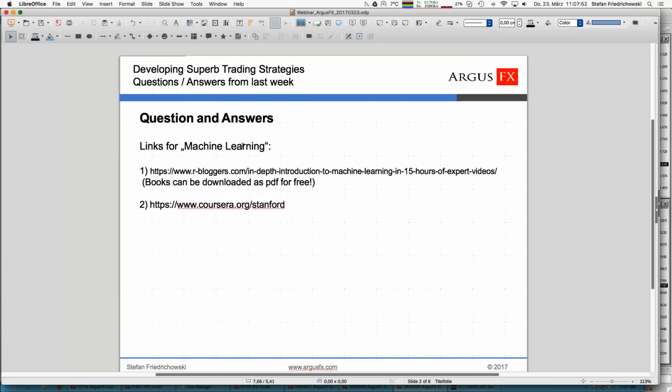For machine learning, which I personally think is an extremely important topic for trading, there are so many developments in algorithms as well as in computers that we can more and more use those kinds of technologies, and that topic in general is developing extremely fast.